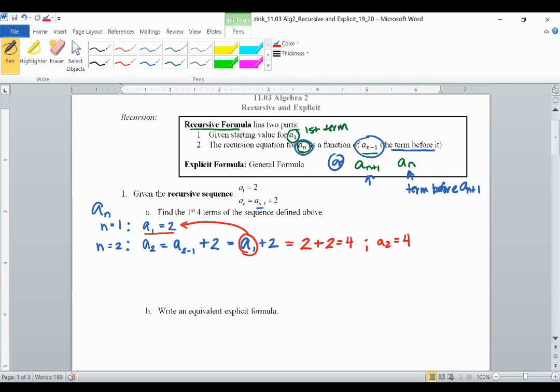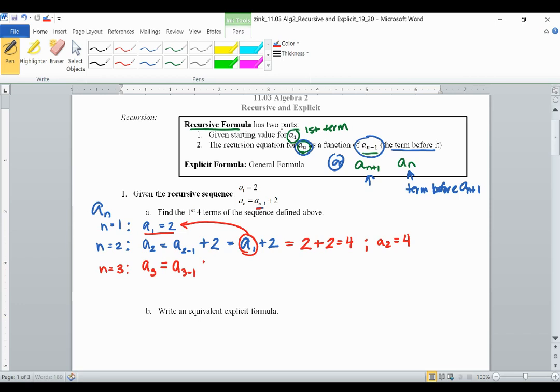Again, you don't have to sub in the n's every time you do this. I'm trying to make it a little more concrete for those people for whom it doesn't quite make sense. But you also could just go through and say, oh, it's the term before. So we'll do that after, and maybe you might be able to look at it that way afterwards. So now we're finding the third term. So n is 3. So I'm going to put 3 in for n into this formula right here.